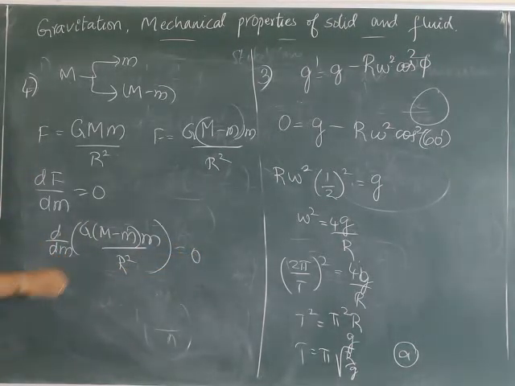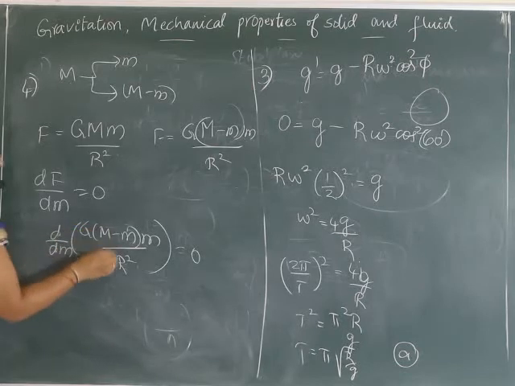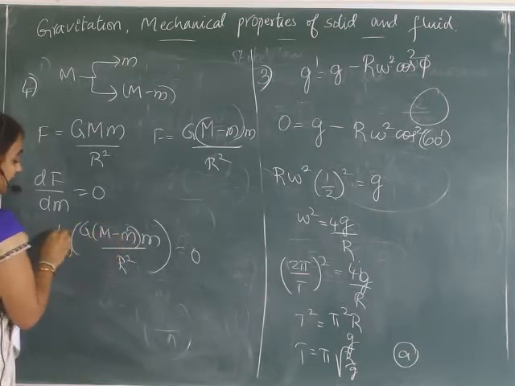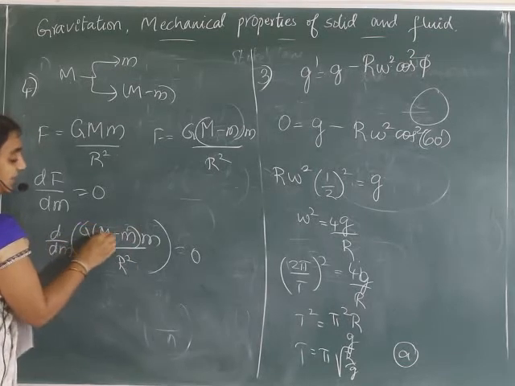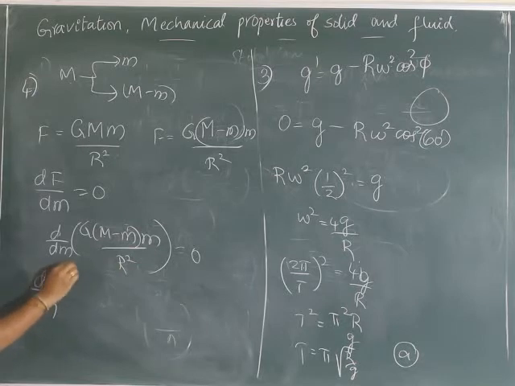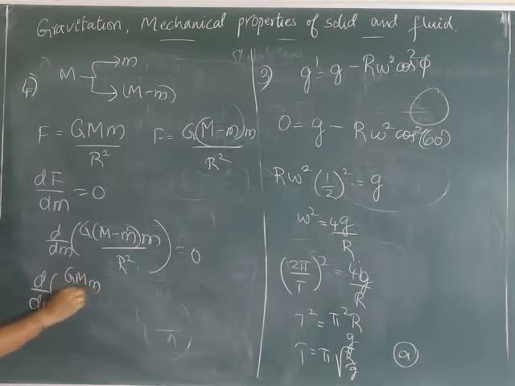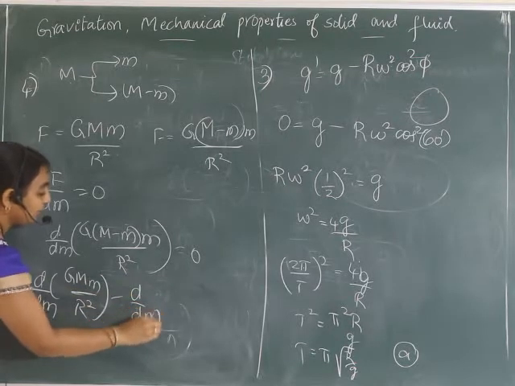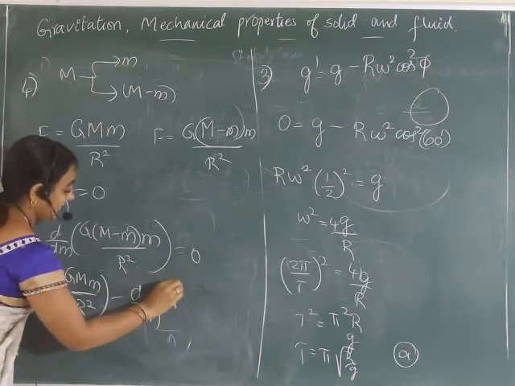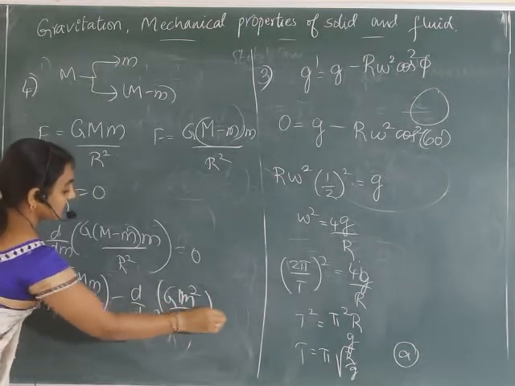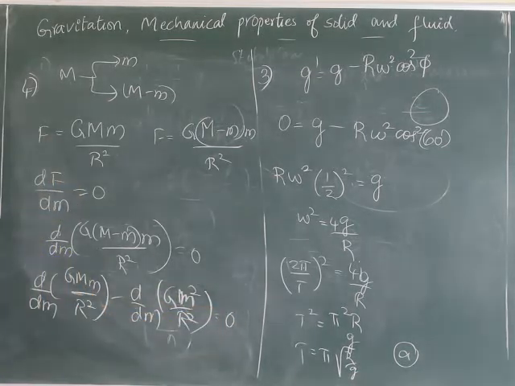We can separate it: d by dm of GMm by R square minus d by dm of G m square by R square is equal to 0.